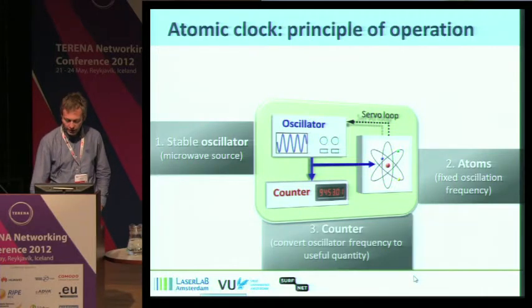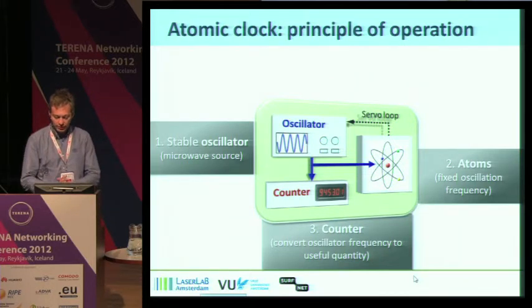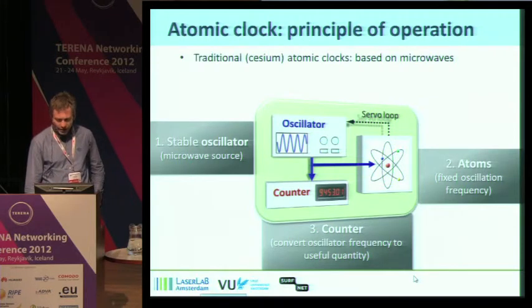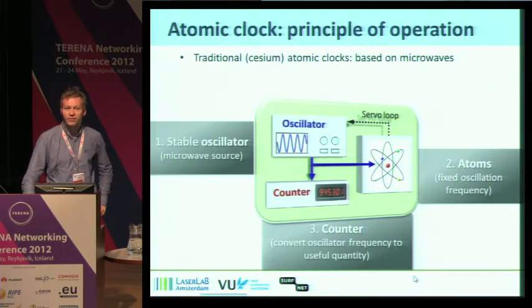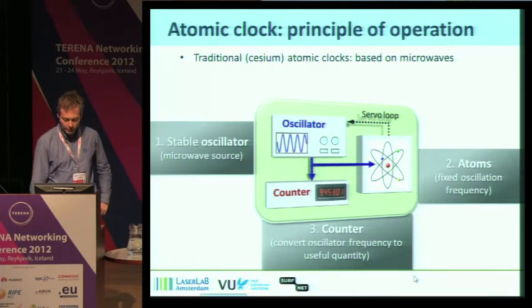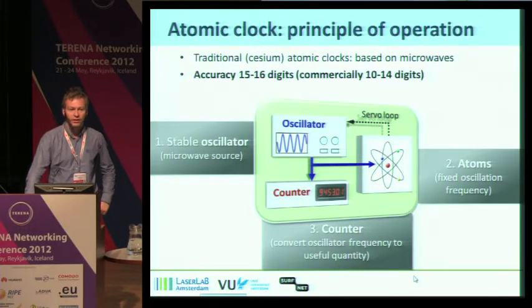The only other thing you need is a counter that converts the oscillations of the oscillator to some useful quantity. Today, the definition of time, the second, is based on cesium atoms, and cesium atomic clocks are based on microwaves, and the accuracy that you can get is about 15 to 16 significant digits.